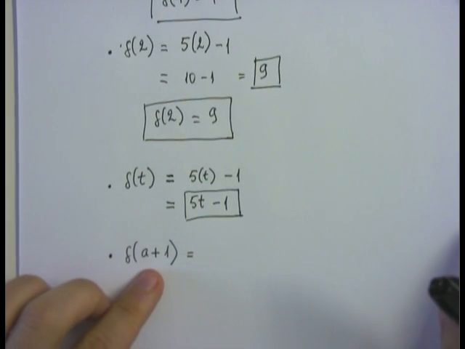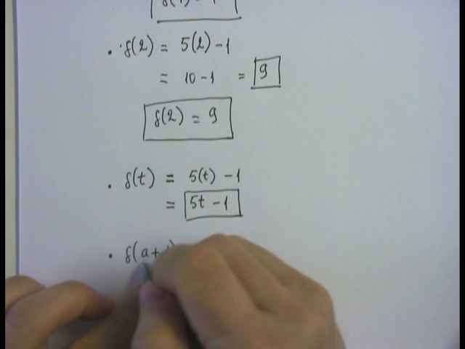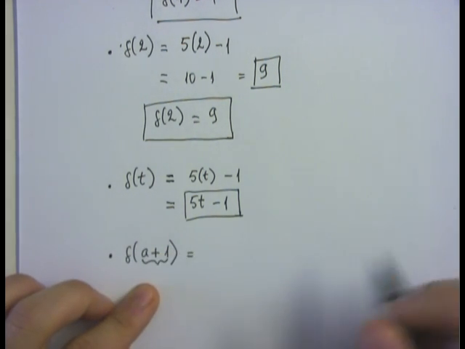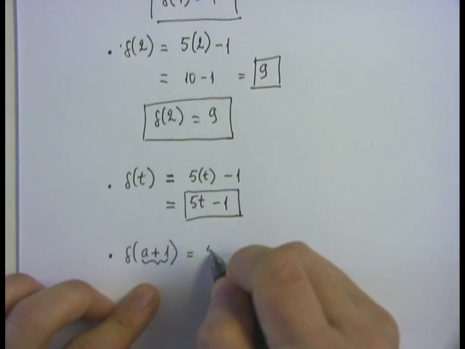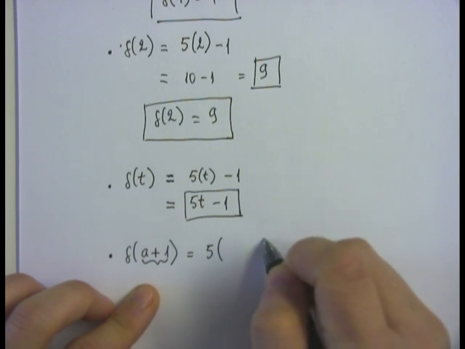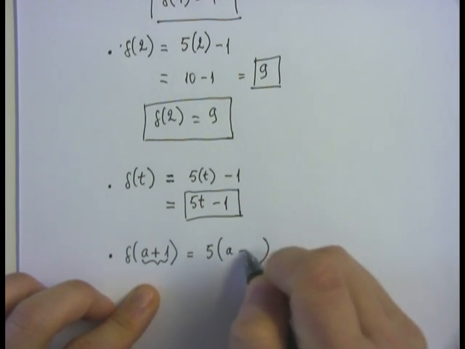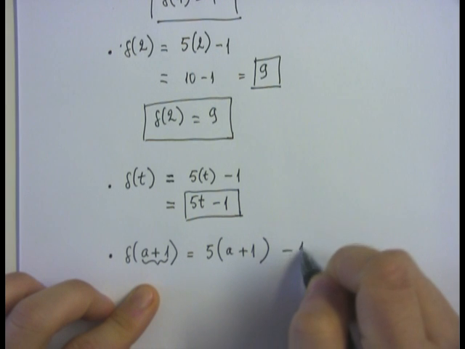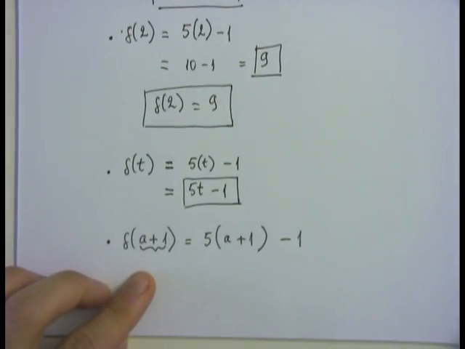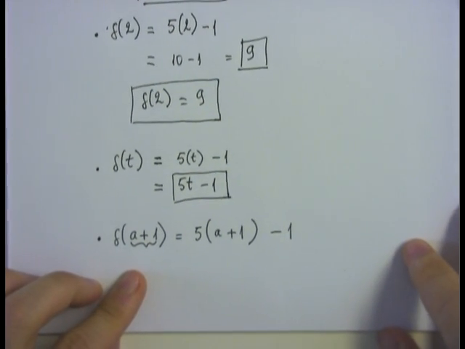So now x in my function takes on the quantity a plus 1. So my function is 5 times the input, and the input in this case is a plus 1, and minus 1. And so that's how I put in my inputs for the functions.